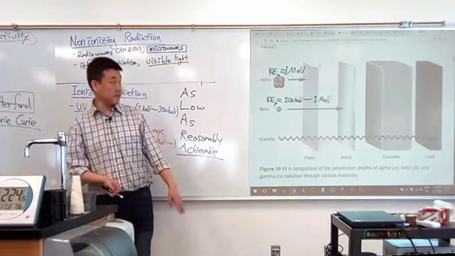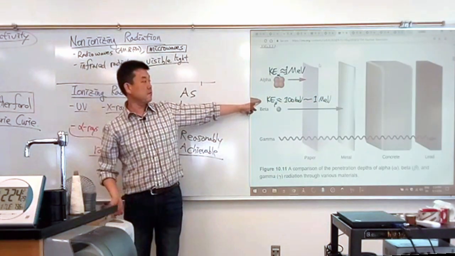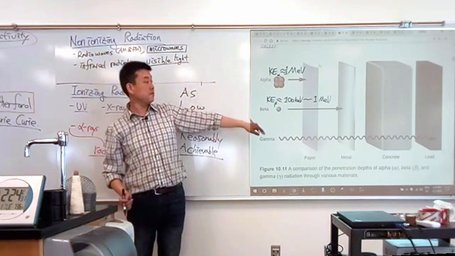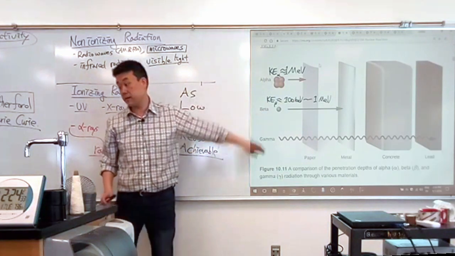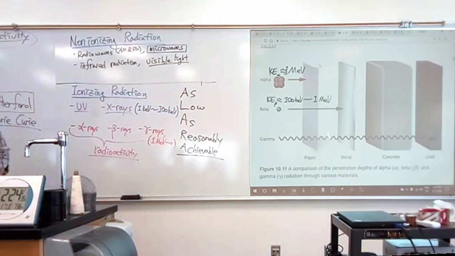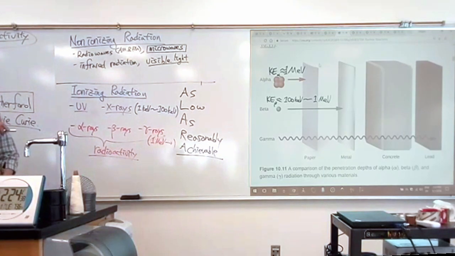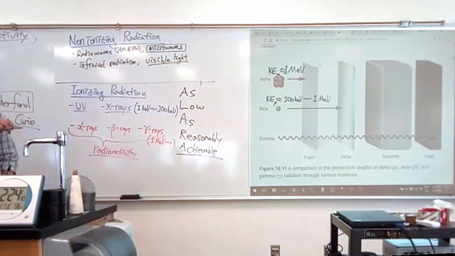So in terms of energy, the beta ray isn't all that different from alpha, but beta rays are more penetrating. They would definitely go through paper, but they get easily stopped by pieces of metal.